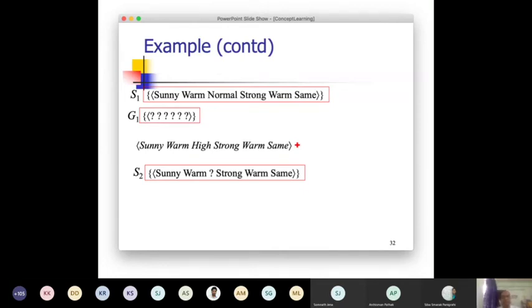We have already discussed it: sunny, warm, question mark, strong, warm, same. G2 means the general boundaries in this iteration. These subscripts are shown by the iteration number, so G2 is the general boundary in the second iteration. You see that it remains the same.